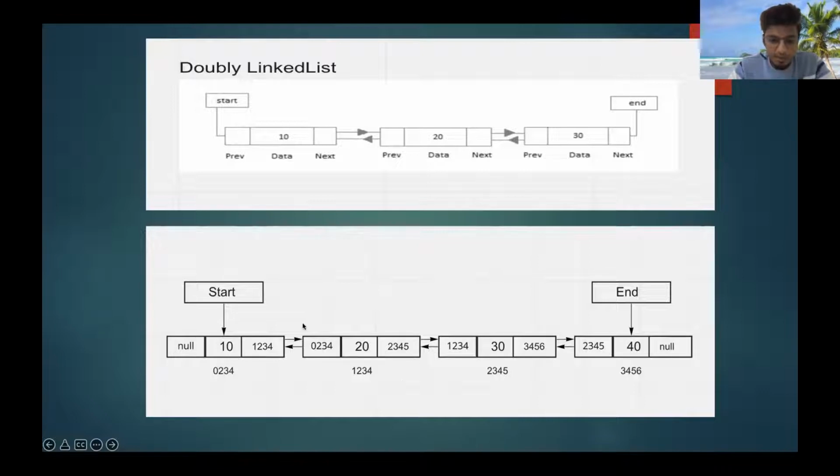And you will have two other pointers which point to the starting of the list and the ending of the list. The first node's previous pointer will be null, as well as the last node's next pointer will be null. It will not point to anything else.